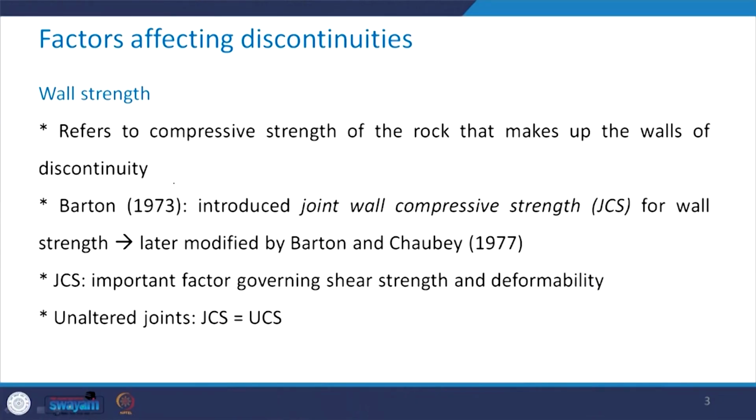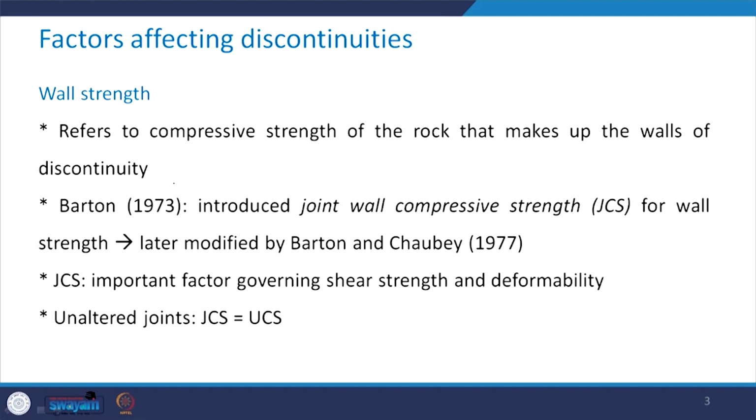First in that series is wall strength, very important in case you have unfilled joints. The wall strength refers to the compressive strength of the rock that makes up the wall of the discontinuity.